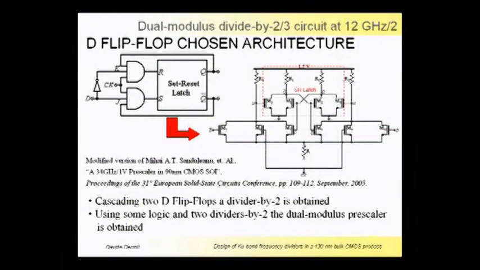And this is a D flip-flop, so cascading 2 of these stages in a master-slave configuration as before, we obtain a divide by 2 circuit, and then interposing some logic between 2 divide by 2 circuits, the dual modulus prescaler is obtained, and the division modulus is controlled by a binary external signal called modulus control.